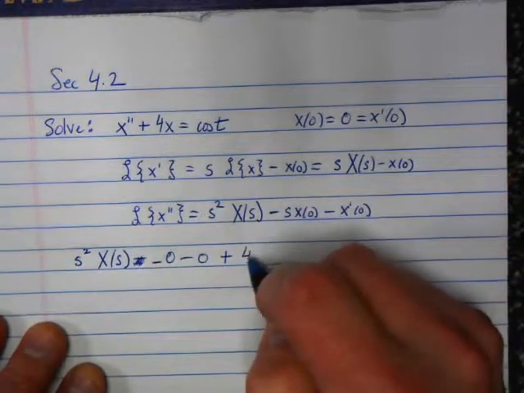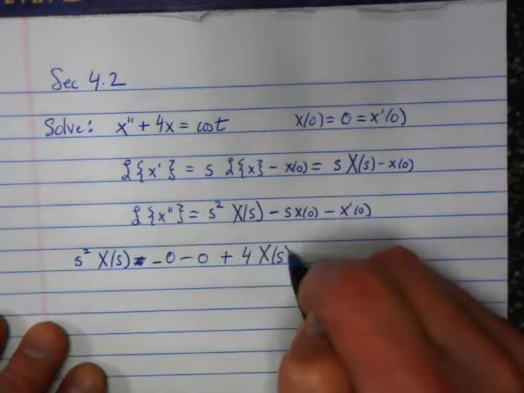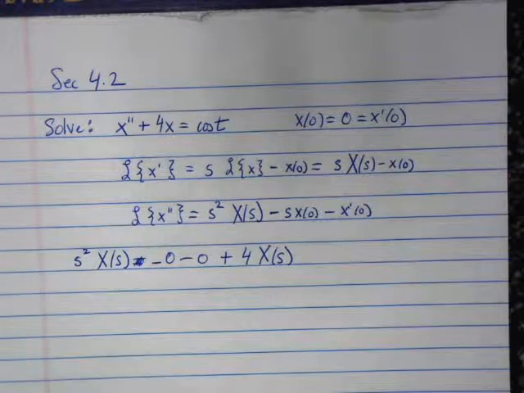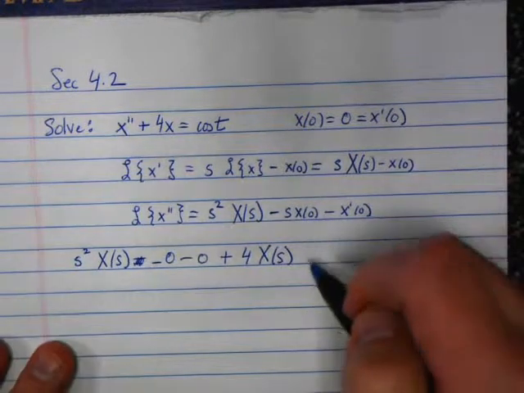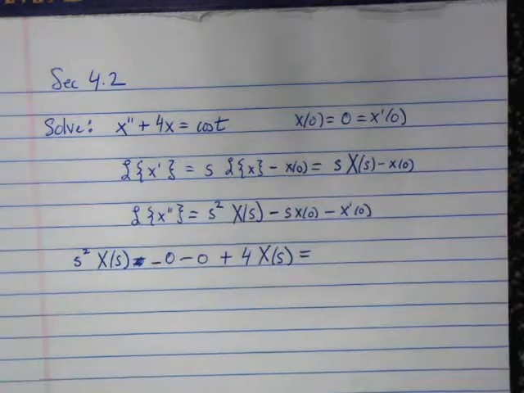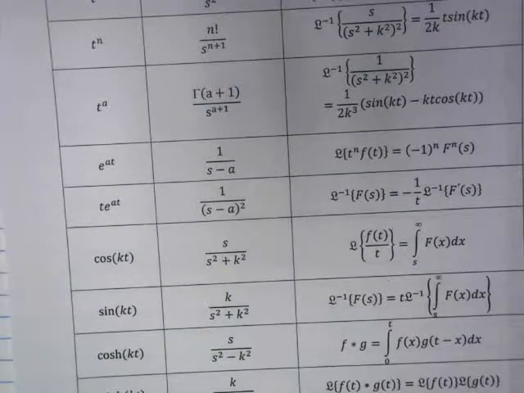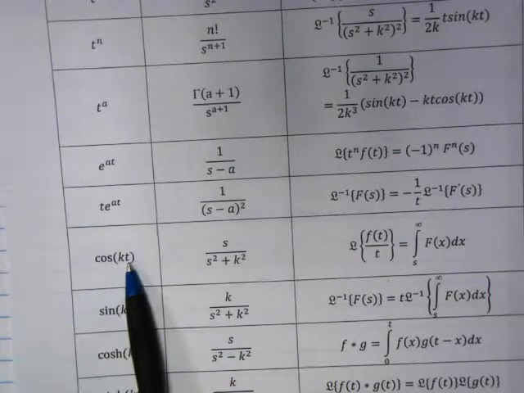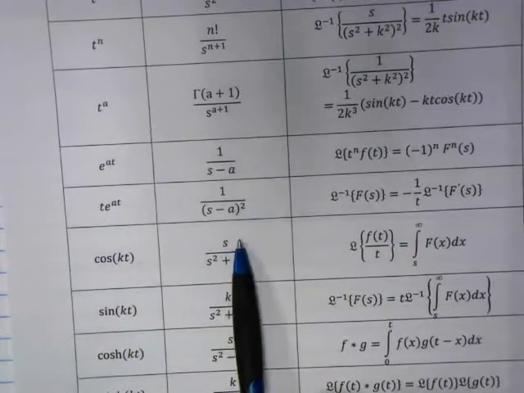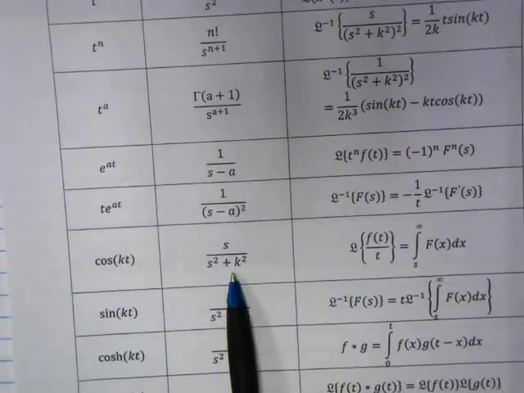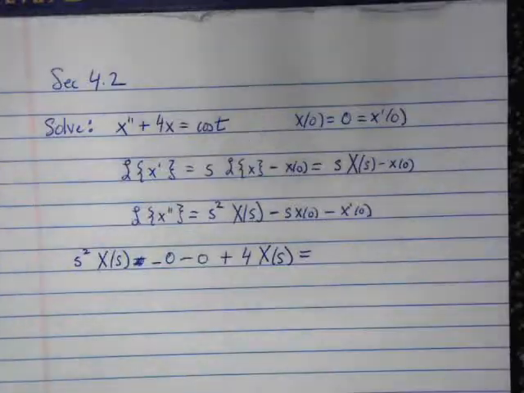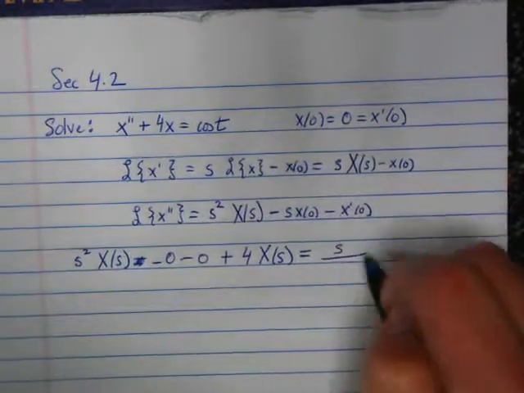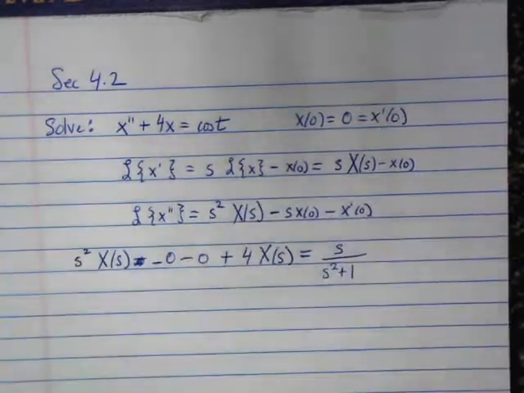Plus 4 times the Laplace transform of x equals the Laplace transform of cosine t. I go to my magic list of Laplace transforms. The Laplace transform of cosine t is s over s squared plus 1.